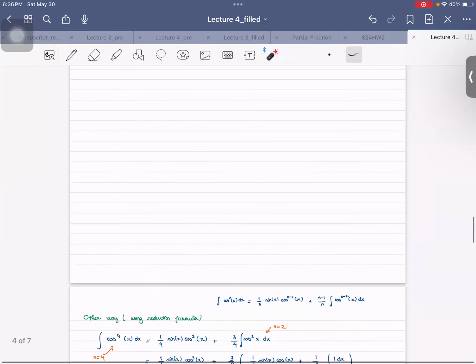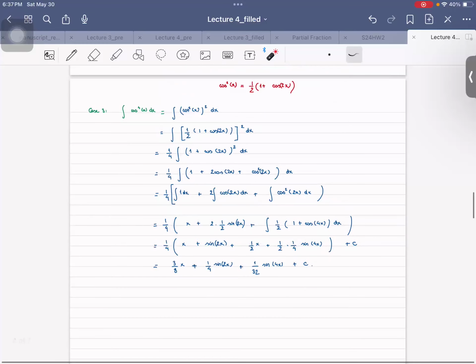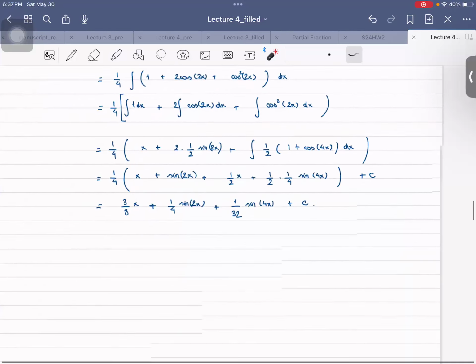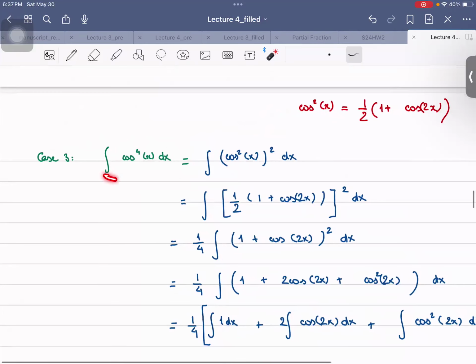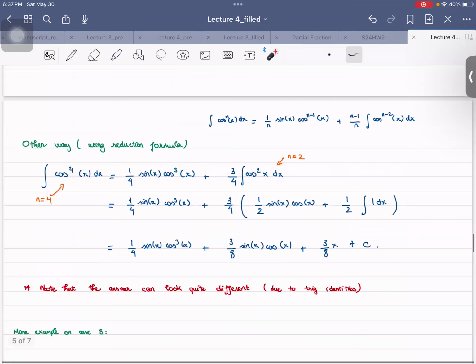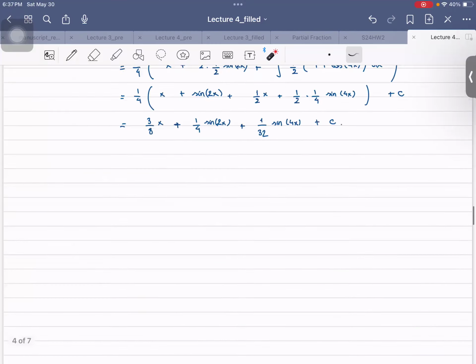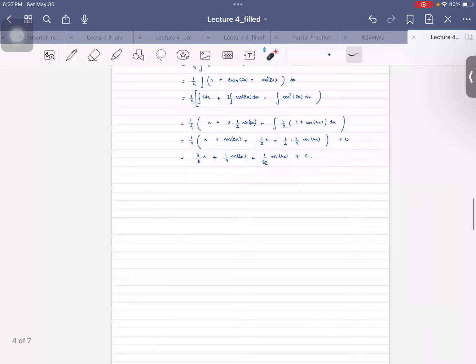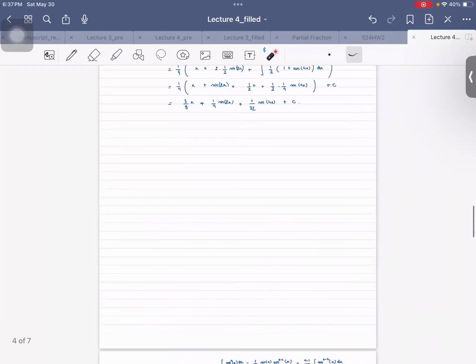And if you notice the answer you have, the integral of cosine to the power of 4, this is also the integral of cosine to the power of 4, but the result you obtain is quite different.